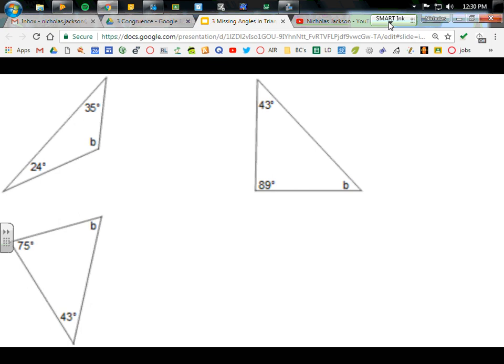Let's practice on a few more. With this triangle, we know that we have an angle marked 24 degrees. We have an angle marked 35 degrees. And we have an angle marked B. They should still all equal 180 degrees. If we combine our like terms, we get 59 plus B equals 180.